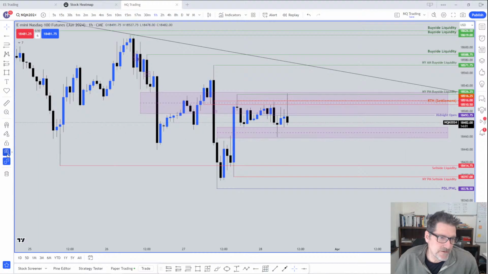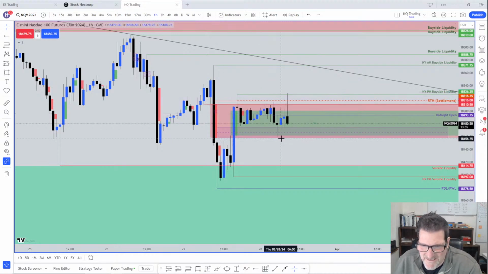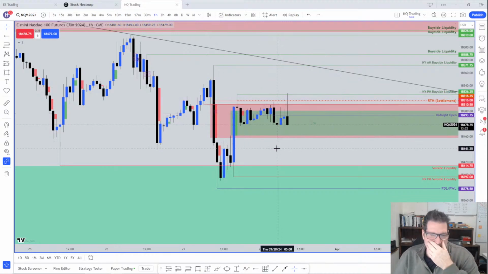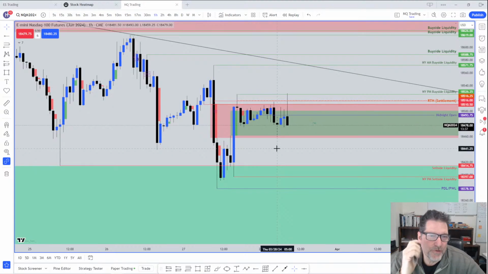Daily. So let's put these back on. So daily is in a very unique situation also. We're inside of a bullish fair value gap, inside of a bearish fair value gap. So I want to see how price trades in that. If it closes above the bearish, if it inverts the bearish and creates a 1 hour IFVG, that would lead me to believe I'm bullish.